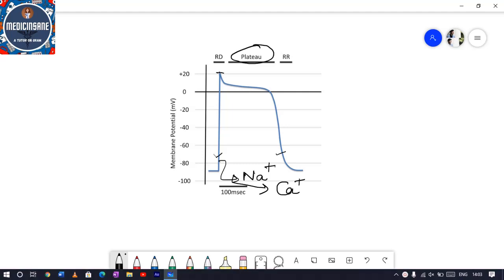After the depolarization phase, we know that the sodium channels close. Now, after the closing of the sodium channels, appreciate this phase here. This phase is the early repolarization phase. It takes place because of the dominance of potassium ions. That means the potassium ion channels have opened and the potassium ions have started to diffuse outward of the myocyte.